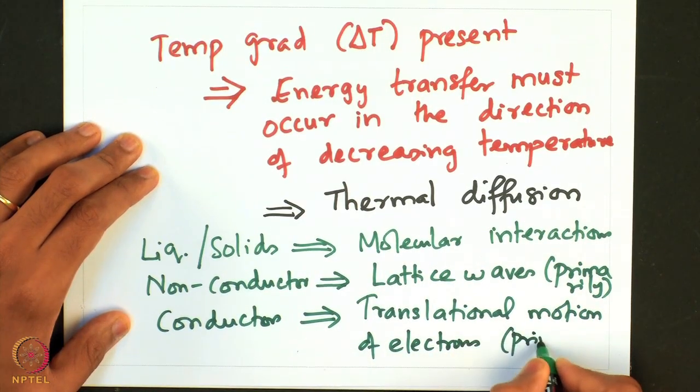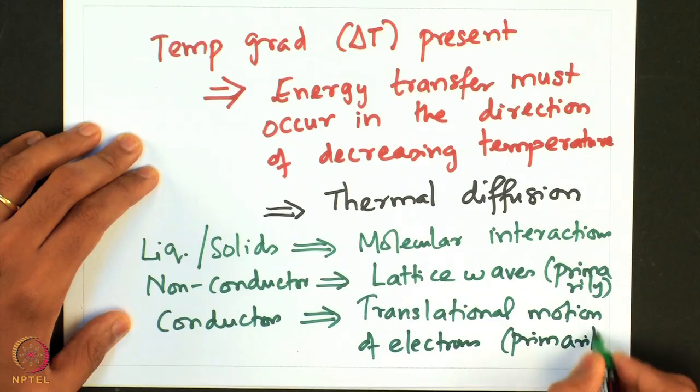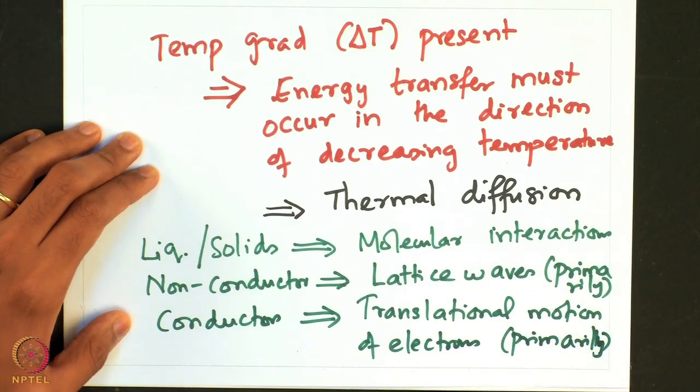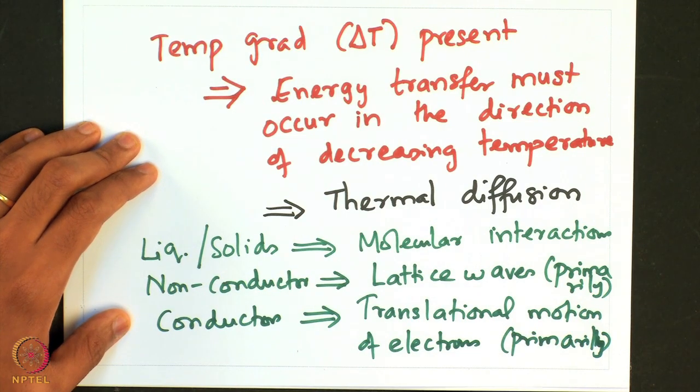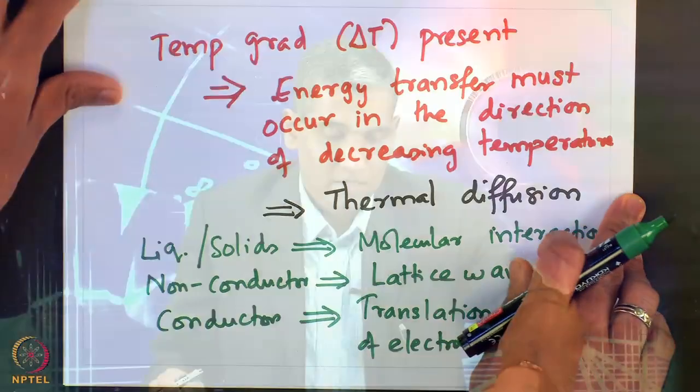So, for different types of materials, the mechanism of thermal diffusion is different, and accordingly the properties of these materials would be different. The next aspect we are going to look at is how to quantify the thermal diffusion process.